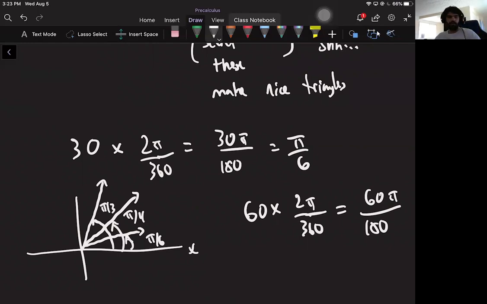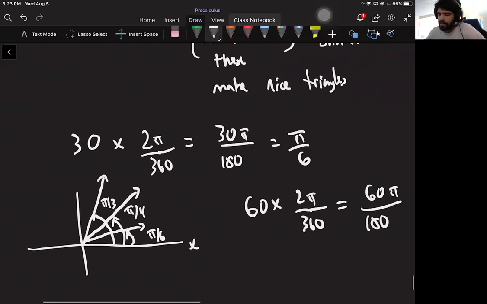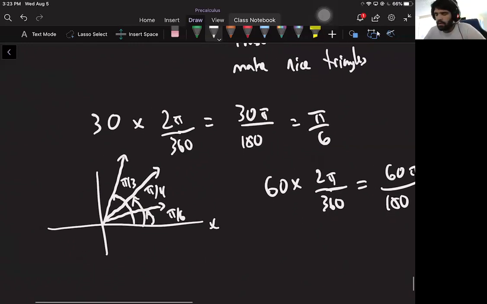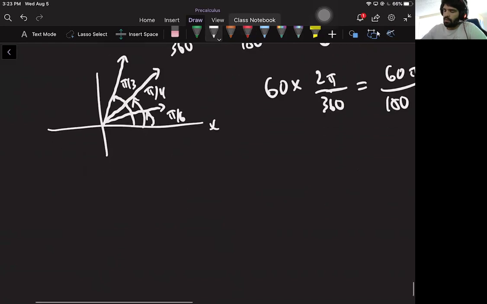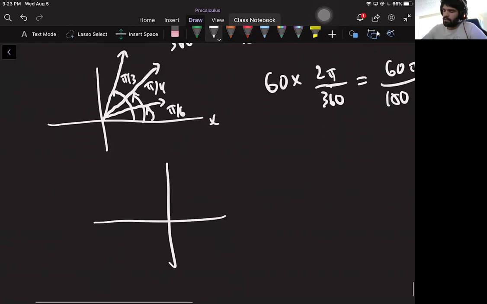So those 3 angles are the most important angles because they make nice triangles for us. And then the nice part is everything is very symmetric. So there are going to be angles that sort of look like 30, 60, and 45 in the other quadrants. People call these things quadrants. They say this is quadrant 1, quadrant 2, quadrant 3, and quadrant 4.